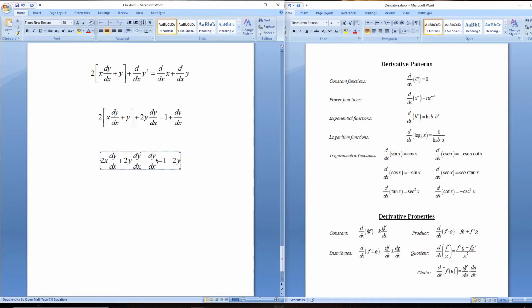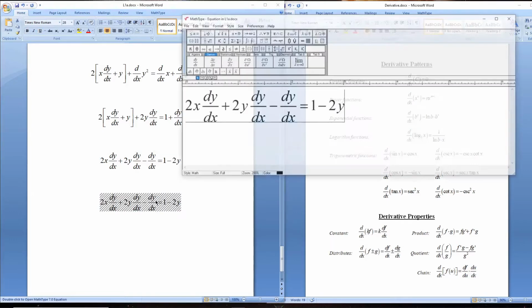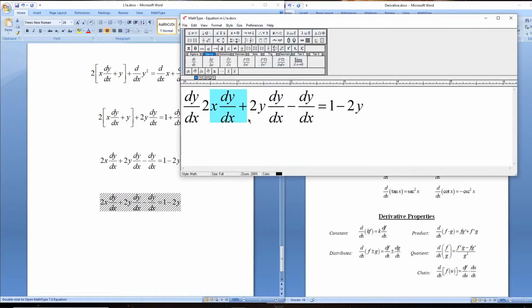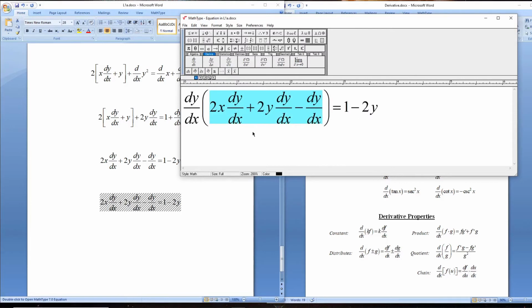And now to solve for dy dx, we will factor out only dy dx. So we're going to factor out a dy dx from all of this stuff. So we're going to factor out all these dy dx's here.